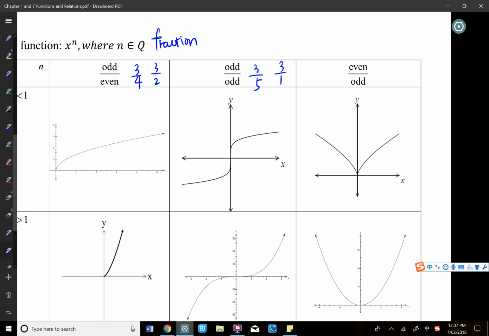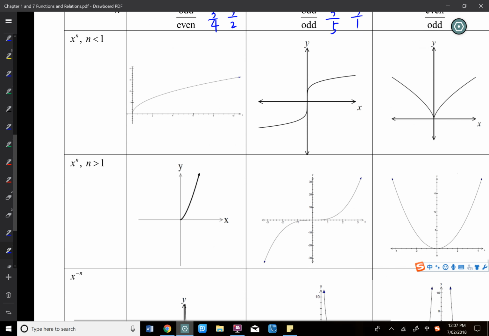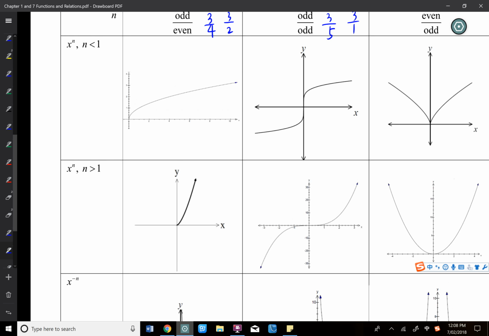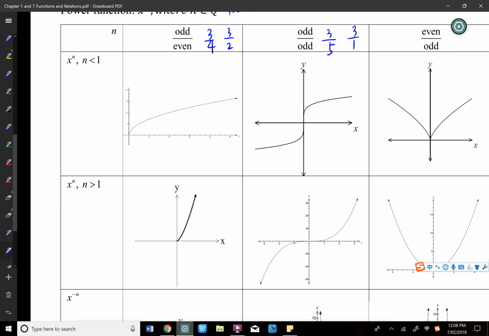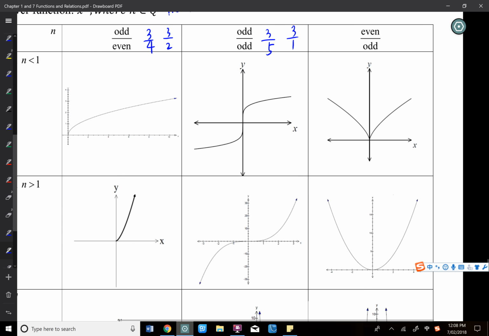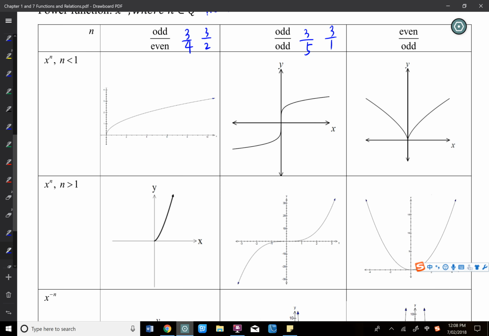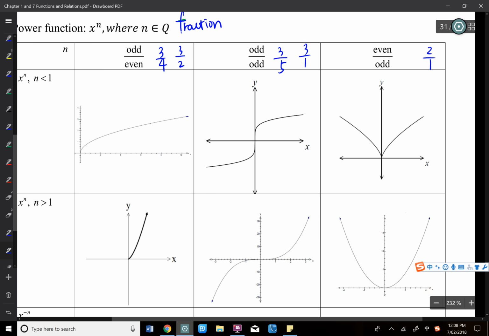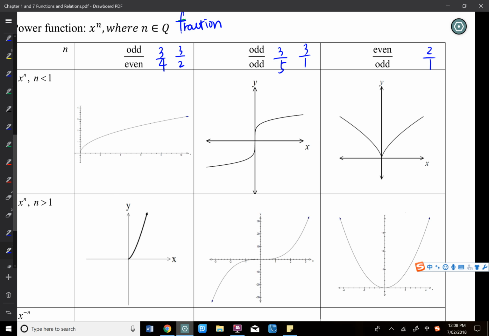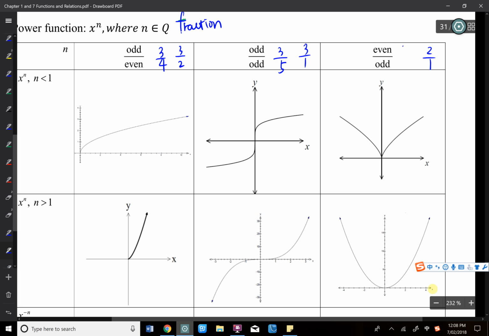There's more, let's keep going. Greater than 1 as well, and negative as well. So we have different ones. We just talk about the possibility first, and then we think about less or greater. So even over odd, I can go 2 over 1. That's even over odd, so that's x to the power of 2. Also, I can have 2 over 3. That's even over odd as well.